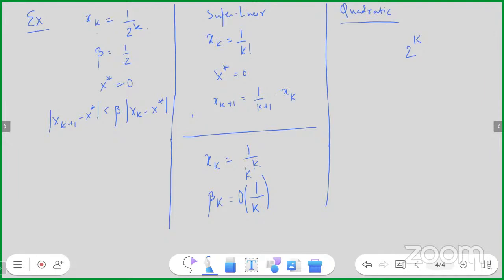What is that function? 1 by 2 power k, right? Now if I make it something like alpha to the power 2k, where alpha is between 0 and 1, what kind of function is this? Is this order-wise going faster to 0?